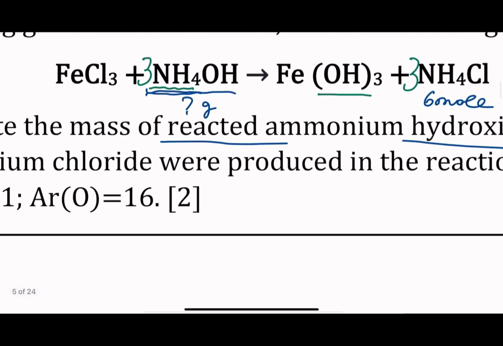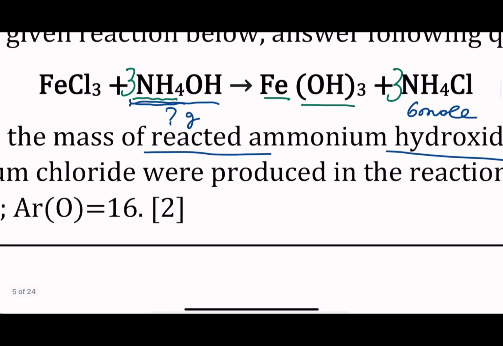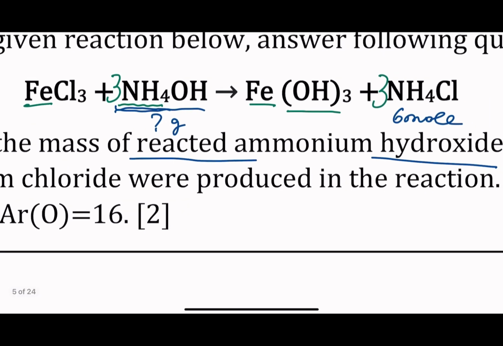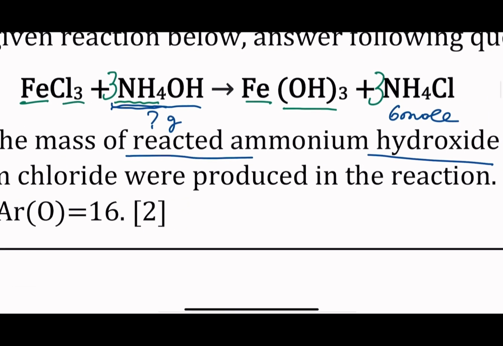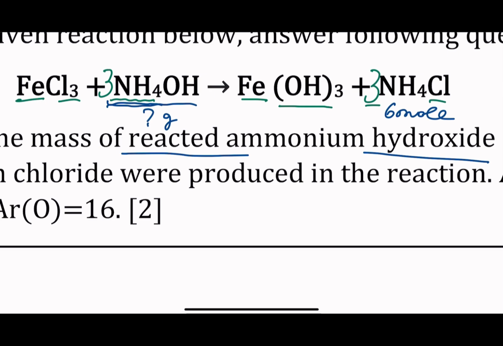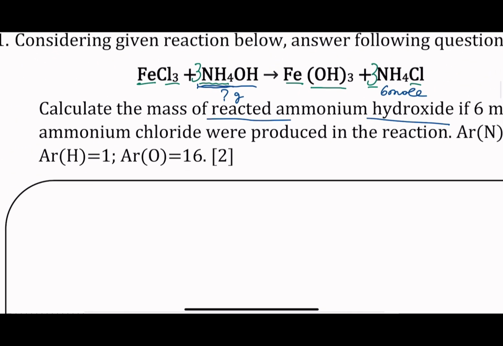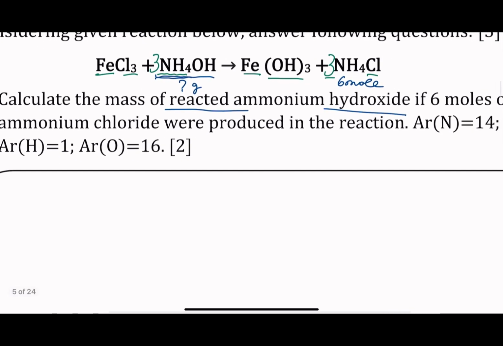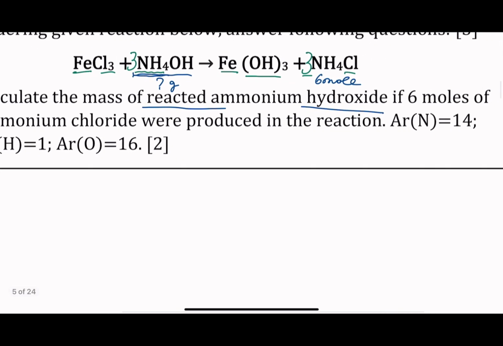And then let's check out the iron. You got one iron, so iron is fine. And then 3 chloride and 3 chloride here. So now everything is balanced. So it is asking you to calculate the mass of reacted ammonium hydroxide.